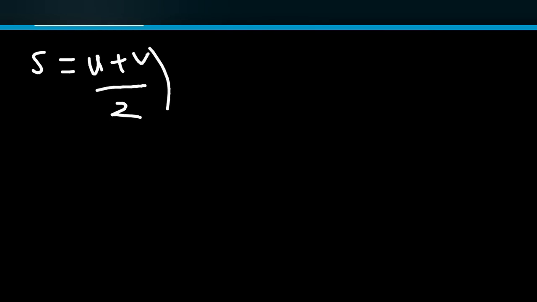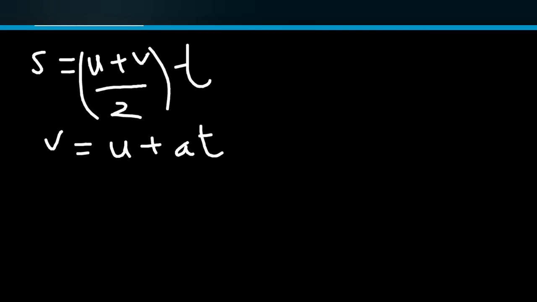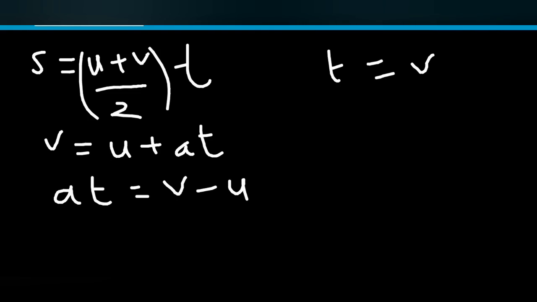To obtain the fourth equation, also consider s equals (u plus v) divided by 2 multiplied by t, and also v equals u plus at. And as such, from v, we shall have that at will be equal to v minus u, so that t will be equal to (v minus u) over a.